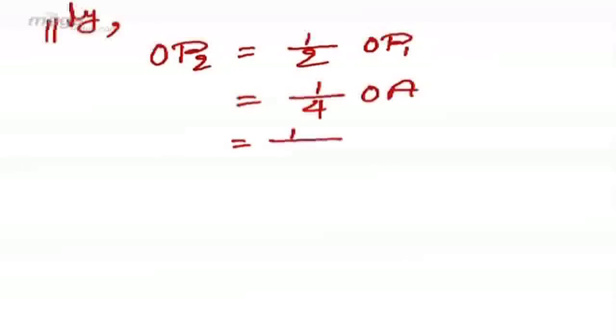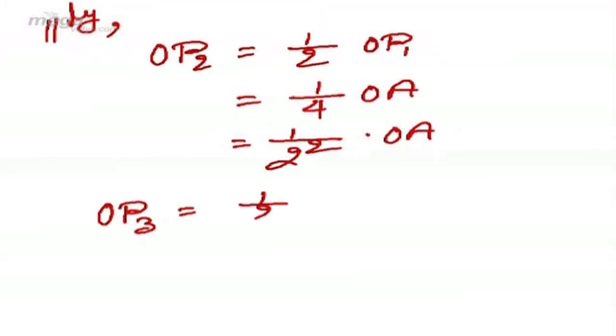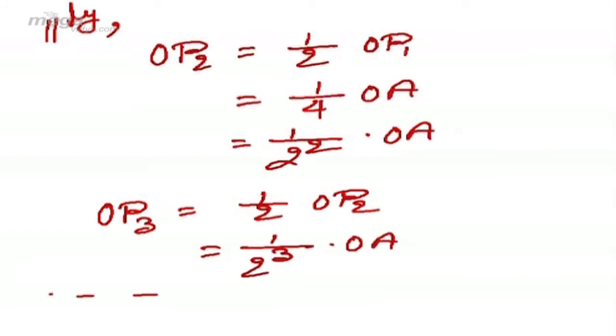That is 1 upon 2 squared into OA. Similarly, OP3 becomes half of OP2, and when you put OP2 as 1 upon 2 squared into OA, it becomes 1 upon 2 cubed into OA. And so on, it moves on.